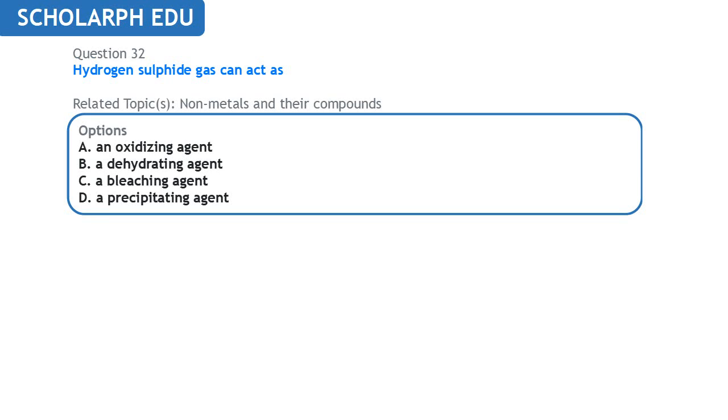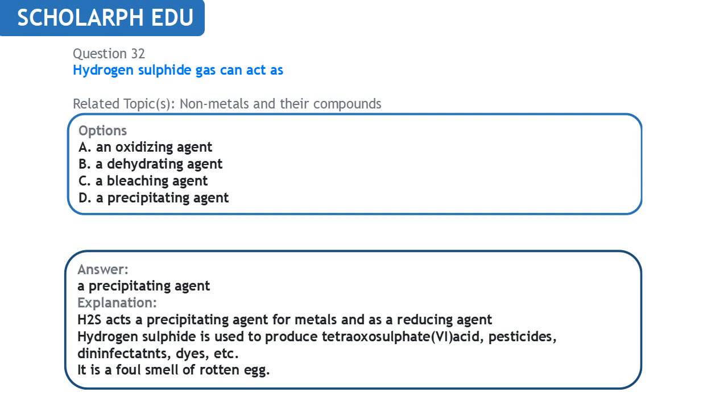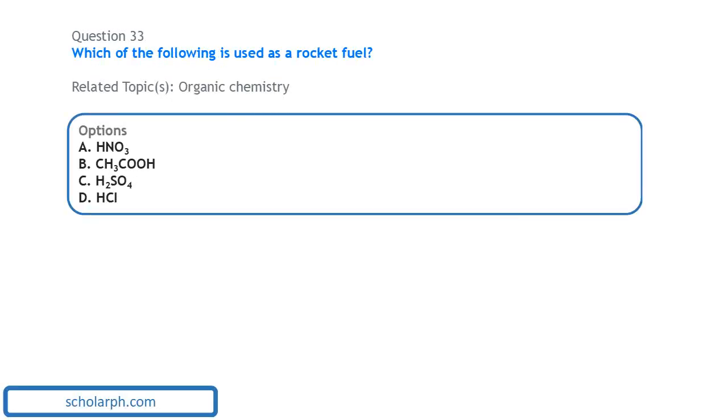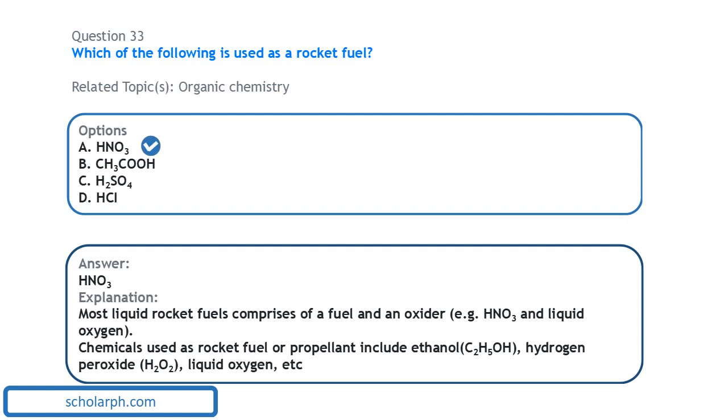Hydrogen sulfide gas can act as a precipitating agent for metals, and it can act as a reducing agent as well. Which of the following is used as a rocket fuel? That is hydrazine nitrate. It is used as a rocket fuel with liquid oxygen.